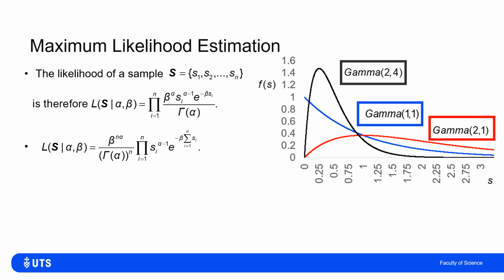So I've got beta to the alpha multiplied n times, because it's in all n terms, so beta to the n alpha. Then I've got gamma of alpha in the denominator multiplied in each of the n terms, so I've got it to the power n. The other terms, I've just got a product of the s_i to the alpha minus 1, and then when I'm taking a product of the exponentials, I've got e to the minus beta times the sum of the s_i.